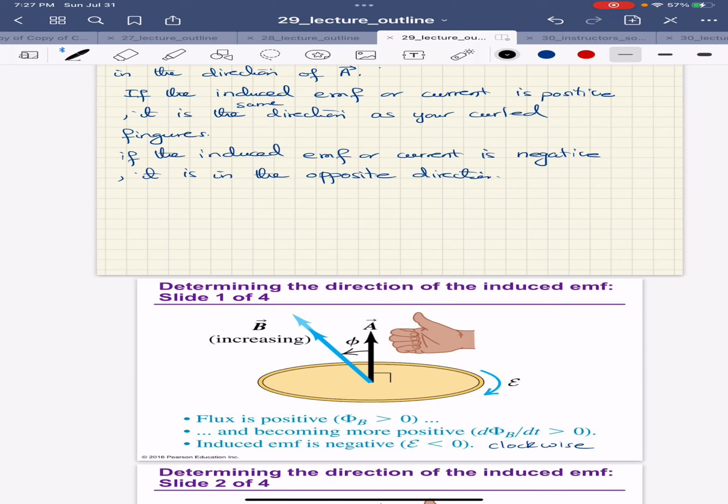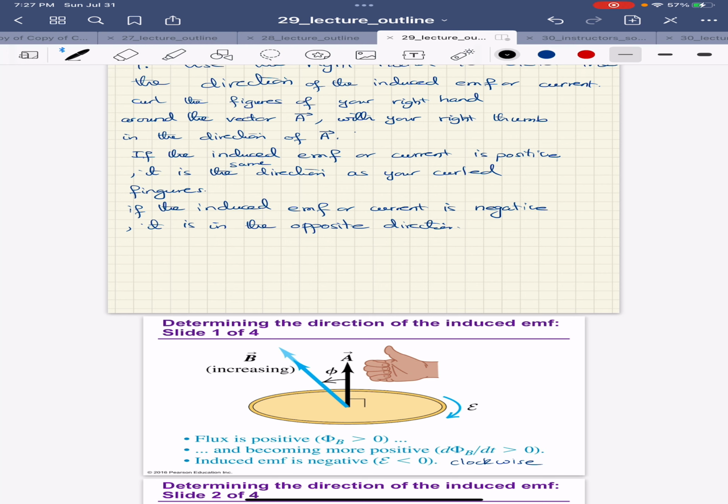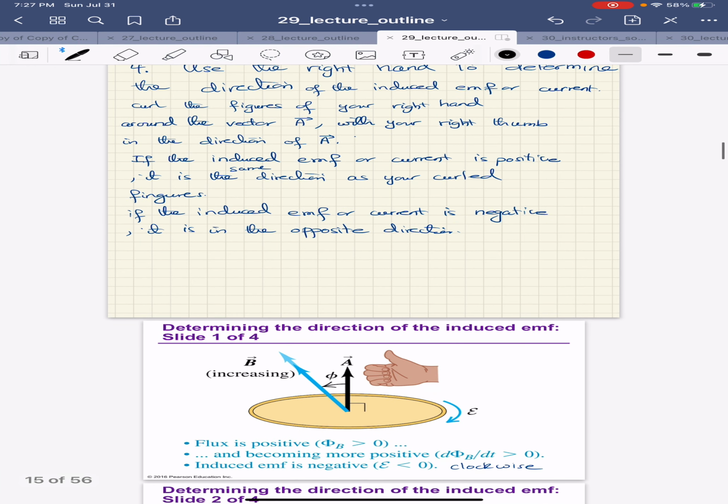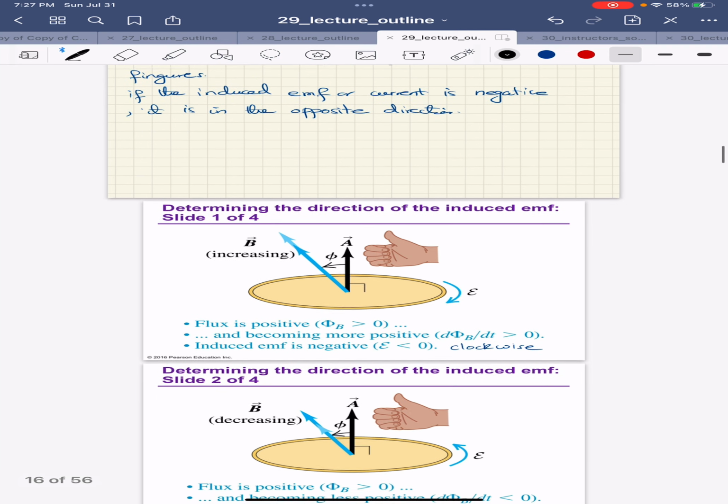Then the induced EMF should be negative. When it is negative, the current is going to be in the opposite direction of your curved fingers, and we are going to find that the current, or the EMF, is going to be clockwise.